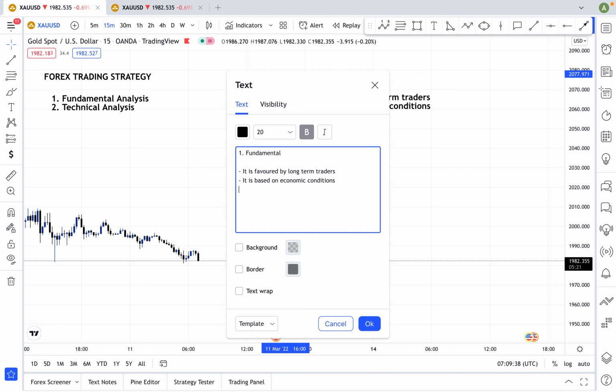So definitely whatever happens to that country is going to reflect on their economy. That is just the simple truth. So the fundamental analysis deals with what is happening in that particular country.